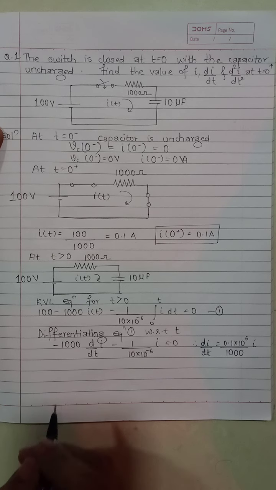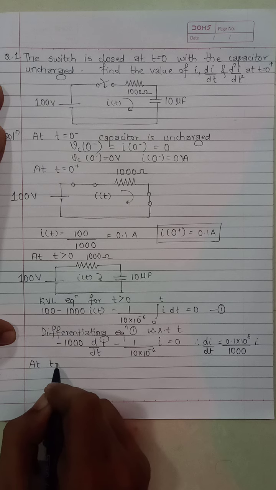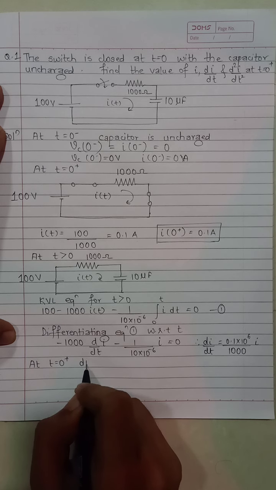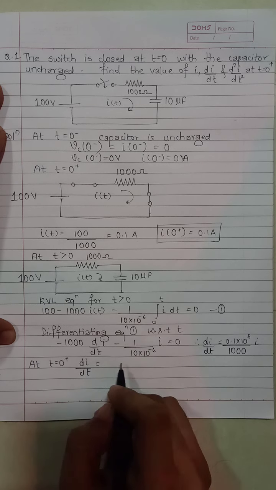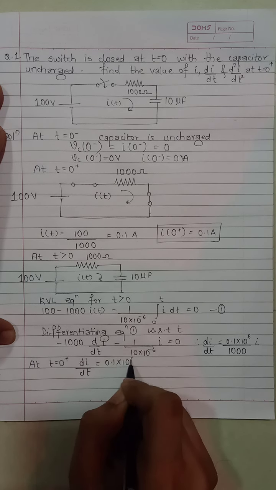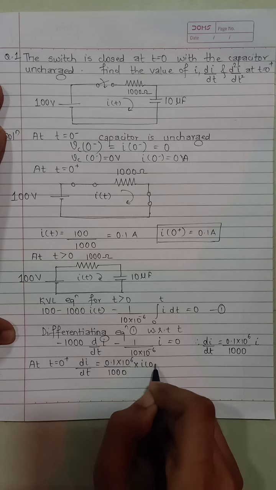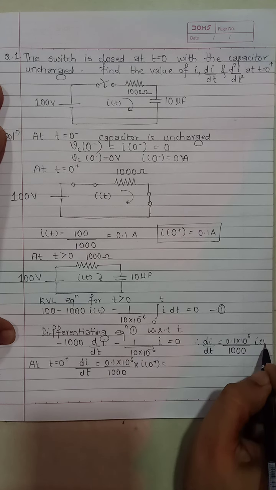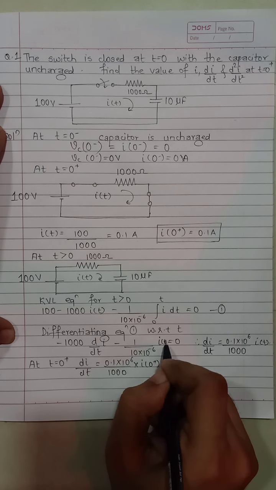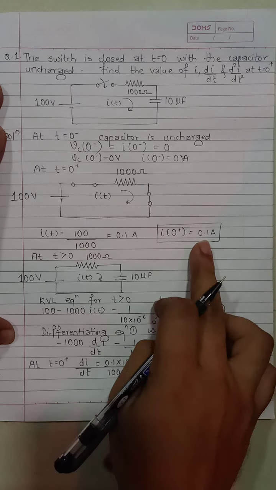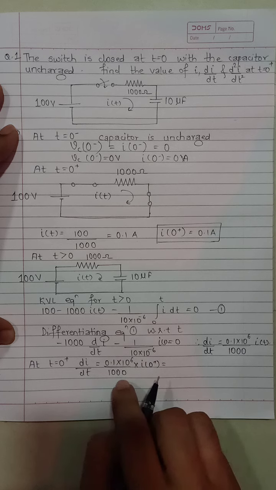Now we need to find di by dt at t equal to 0 plus. At t equal to 0 plus, we have i equal to 0.1.